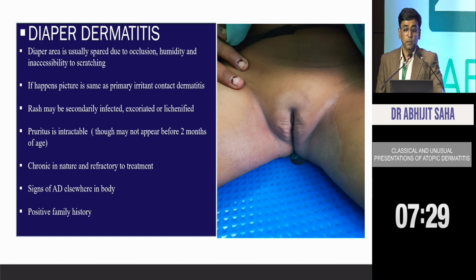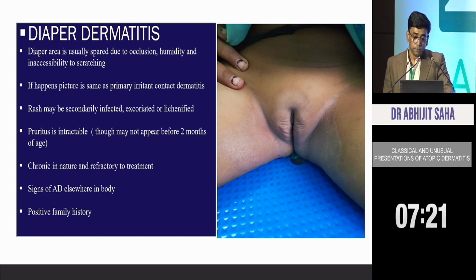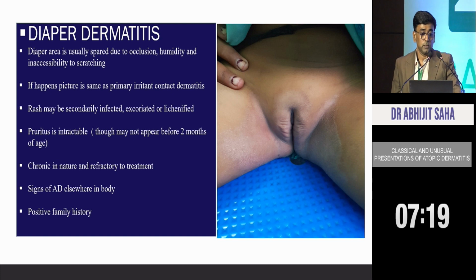If it happens, it would look like primary irritant contact dermatitis involving the convexities of the surfaces, as you can see. In that case, it would be extremely resistant to treatment, an extremely pruritic condition, and obviously you will get other signs of AD elsewhere on other body parts, family history of AD, and so forth.